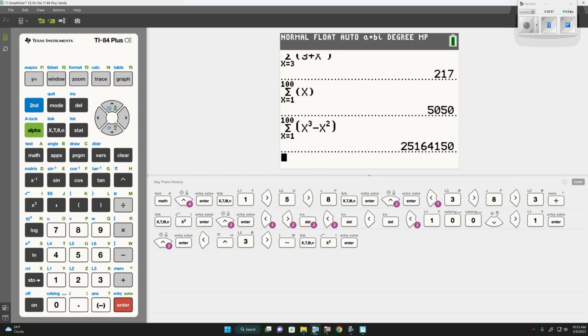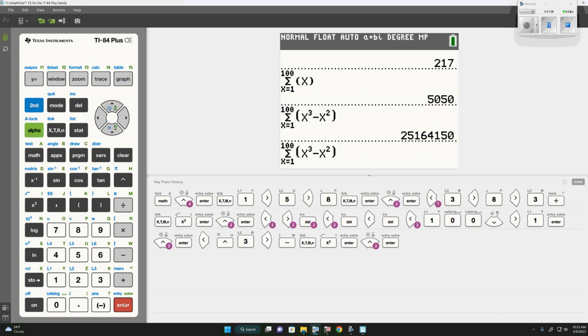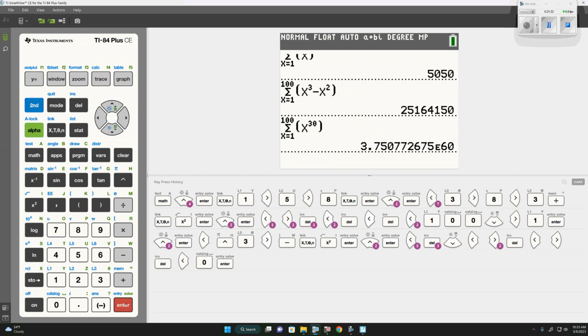So we can do the summation from 1 to 100 of x cubed minus x squared. It'll give it to us. Now, there are some cases, and I'm probably about to lock this thing up for a minute or two. Well, not so much lock it up. Okay.